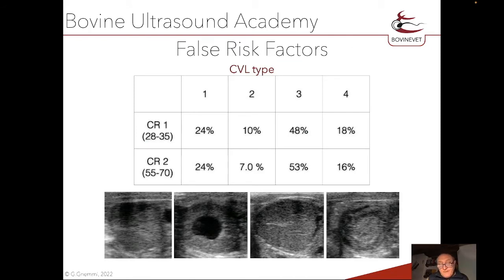Well, however, associating the presence of a cavitary corpus luteum with no gestation at the time of the diagnosis of gestation/no gestation is extremely wrong because of the very low negative predictive value that this diagnostic strategy has. In fact, on average in dairy Bos taurus, no less than 10% of the pregnant cows are found at 28-35 days of gestation with a cavitary gestational corpus luteum.